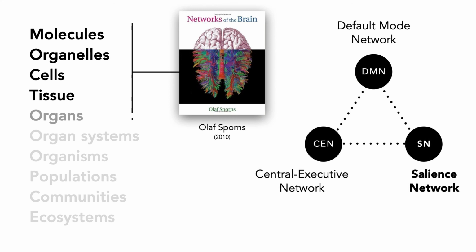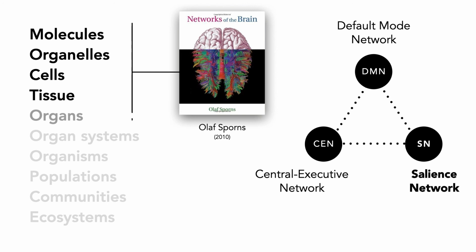What he talks about is different kinds of networks and how they're interconnected to each other. In his book, he talks about three different networks that he thinks are most important when it comes to creativity, and how they are interacting. He talks about the salience network as maybe the most important one, but they all work together in dynamic ways.